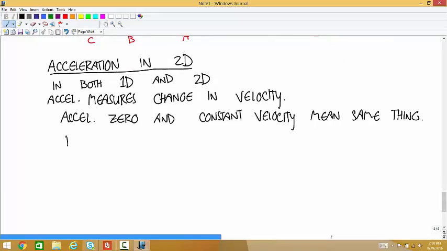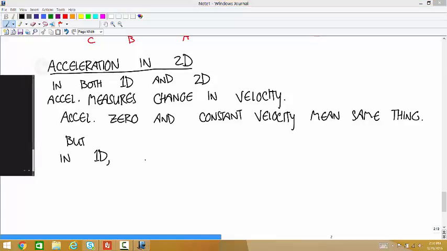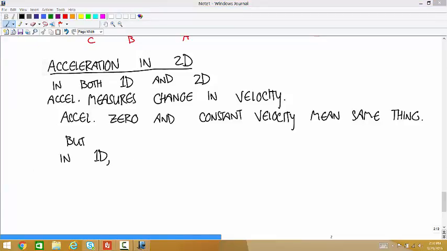But in 1D, acceleration could only make the speed change. So acceleration only makes things speed up or slow down.